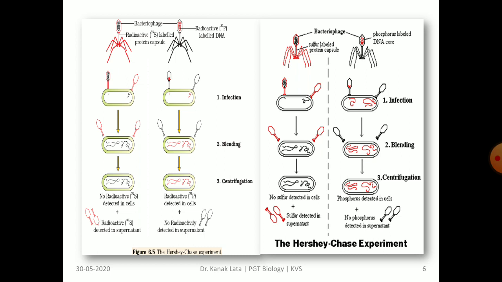And when bacteriophage is grown in radioactive phosphorus, then radioactive phosphorus was detected in the bacterial cell and no radioactive phosphorus was detected in the supernatant. DNA being heavier than protein.